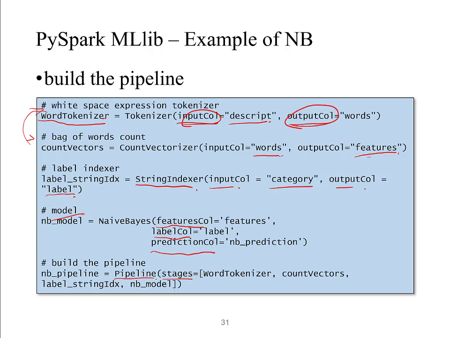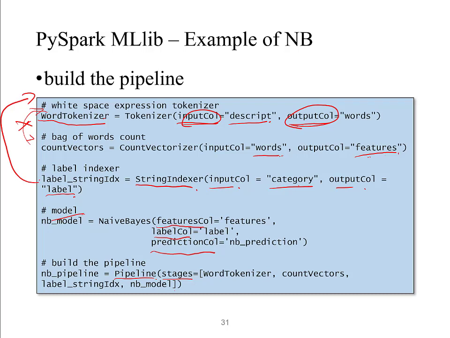On the other hand, you can actually put the label string indexer as the first stage in the pipeline, because its input column is in the raw data frame. It's not the output column of any other transformer.